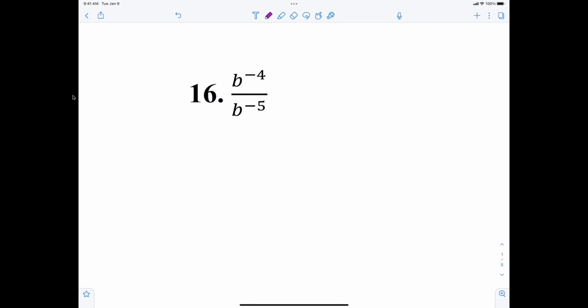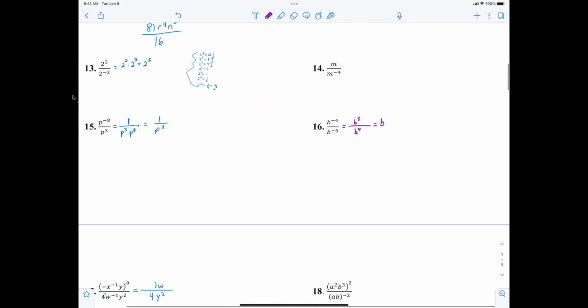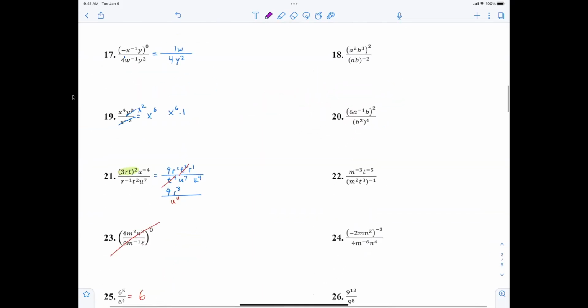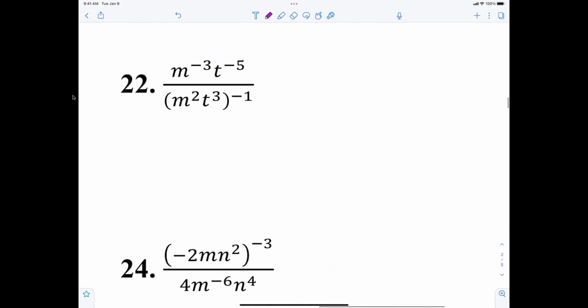If it's in the numerator, it goes in the denominator, and if it's in the denominator, it goes in the numerator. So my advice here is to rewrite this as b to the 5th over b to the 4th, which is just b. All right, negative exponents.